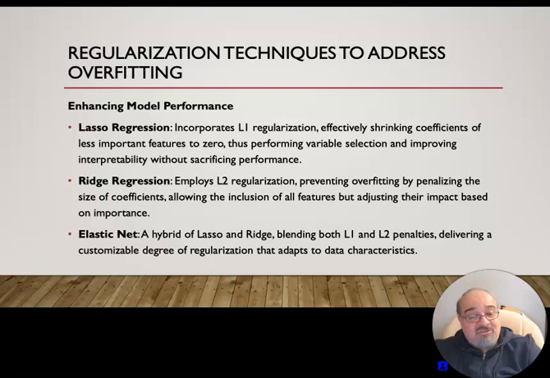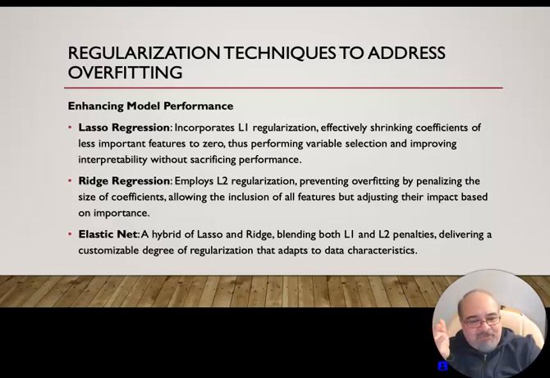Ridge regression uses L2 regularization, and so it penalizes large coefficients to help reduce the overfitting. ElasticNet combines both L1 and L2 penalties, and it offers flexibility for datasets with correlated features. The techniques are widely used in machine learning, and they help ensure that your models are more robust and more interpretable as well.